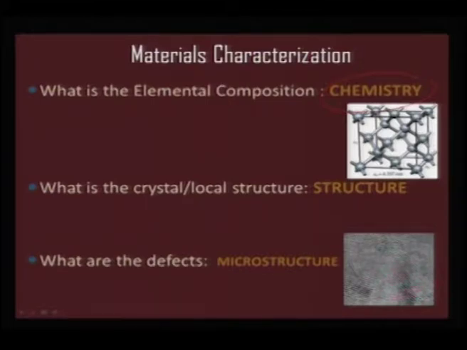But when we come to the structure, we look at X-ray diffraction as a major tool, both for those working with molecules and those working on solids. They heavily rely on X-ray diffraction. We have already seen the principles of X-ray, and when we want to look more carefully into the microstructure, then we look at the imaging tools.